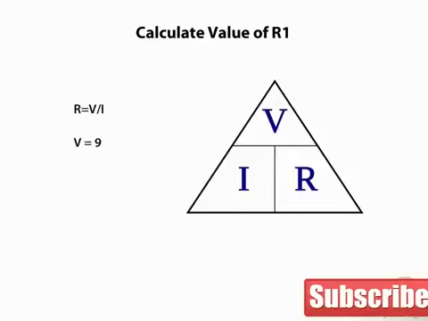Now we know that the volts, V, equals 9, and that the current that we are looking for is 20 milliamps, or 0.02 amps. And substituting into the equation, we get R equals 9 divided by 0.02, which gives us a value for R1 of 450 ohms.